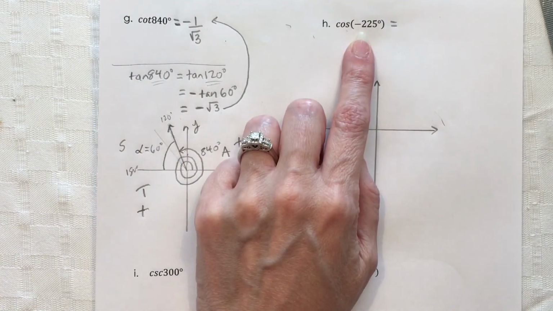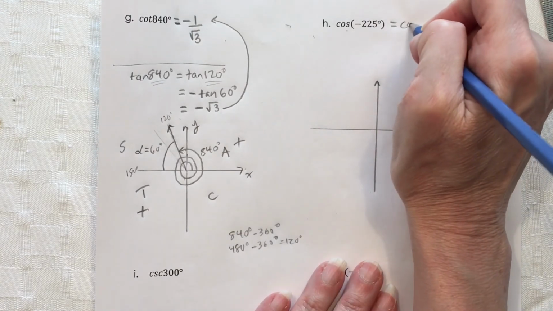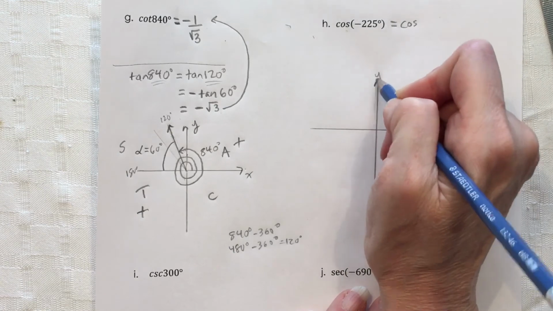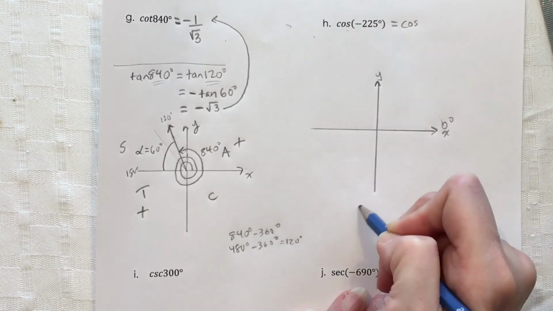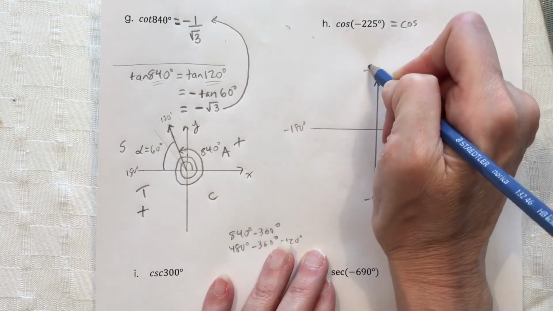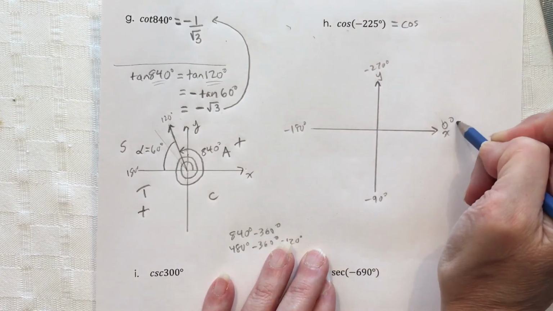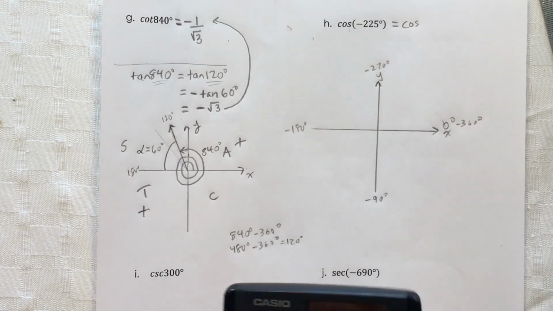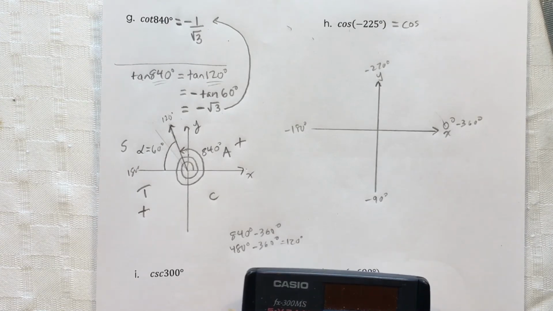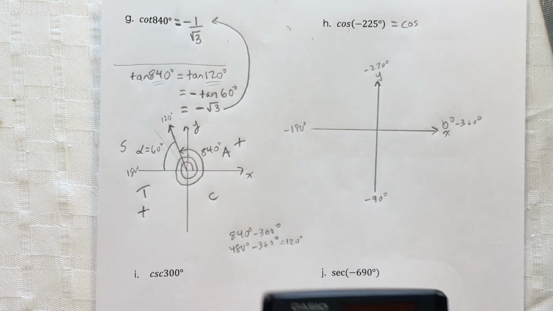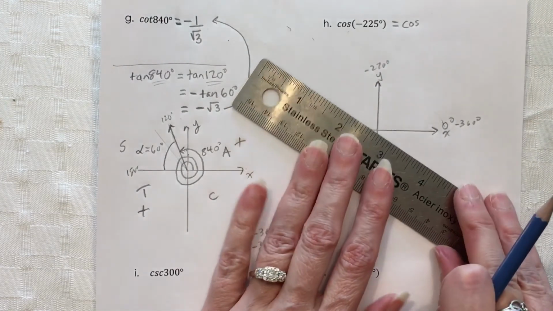So if I was doing one like this, I would know that the cos of negative 225, so again, remember from our warm-up, this would be like negative 90, negative 180, negative 270, negative 360. Negative 225 is going to be in quadrant 2, and if I do 270 minus 225, I get 45 degrees, so it's going to be right in the middle.